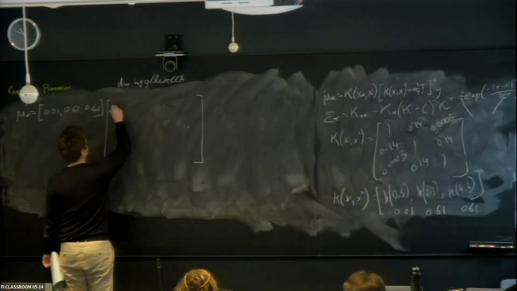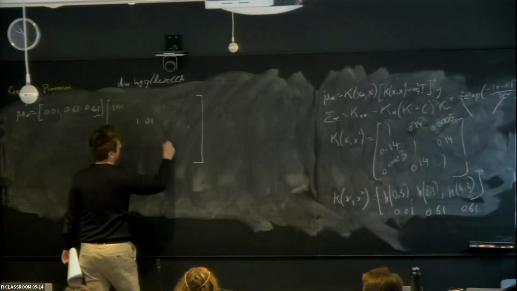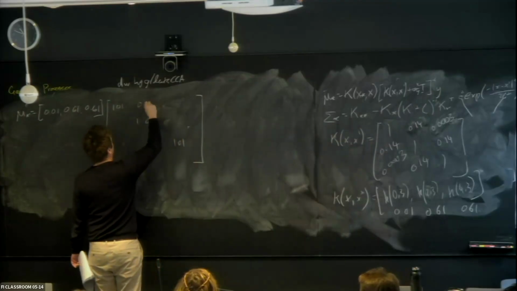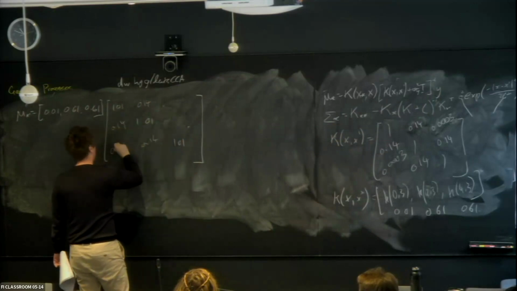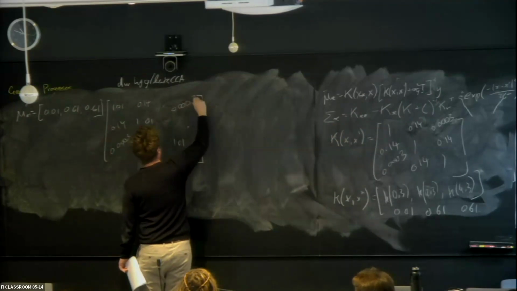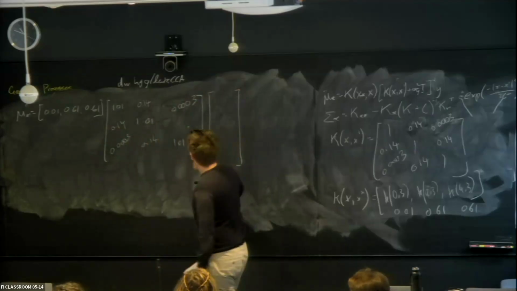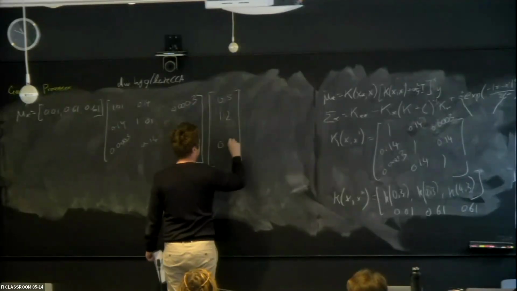Those are the data uncertainties, so they're going to be small, like 0.01, 0.01, 1.01, and then 0.14, 0.14, multiplied by our data vector, which I just rubbed out, but 0.5, 1.2, 0.8.